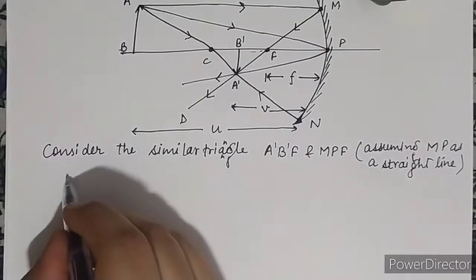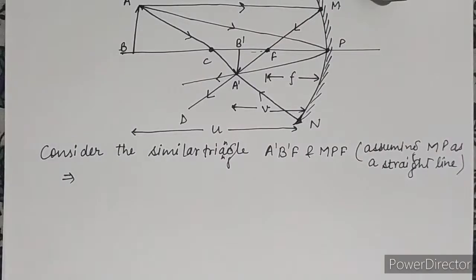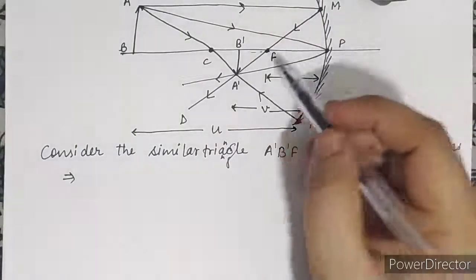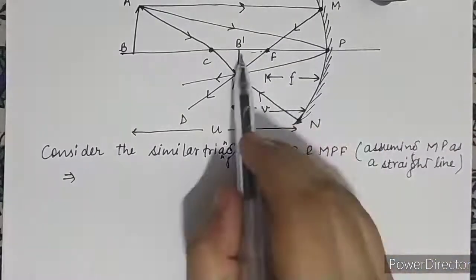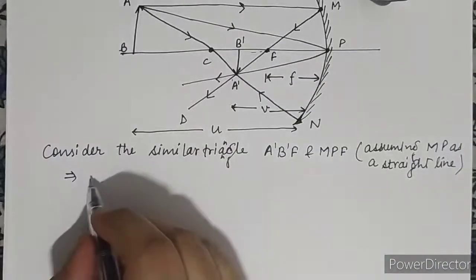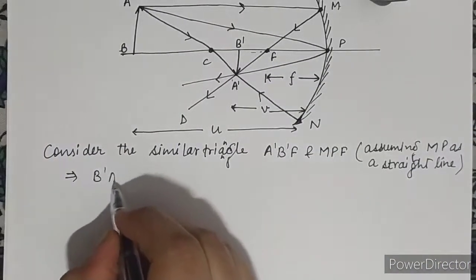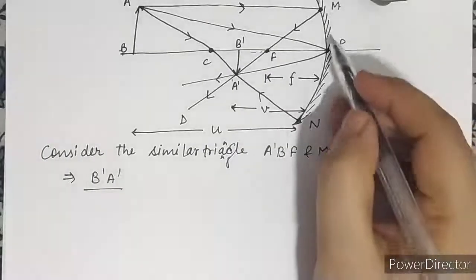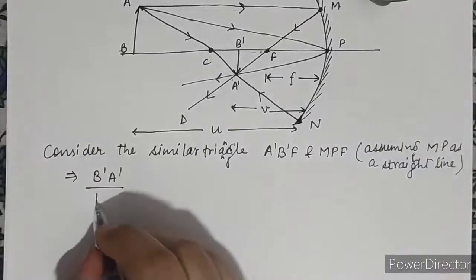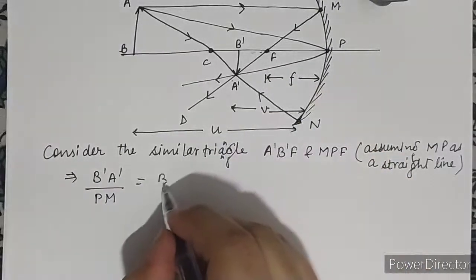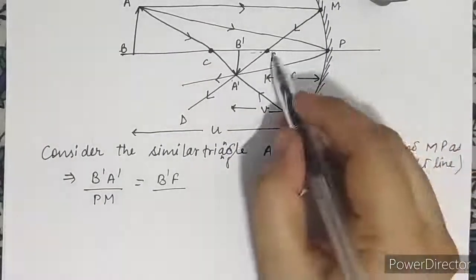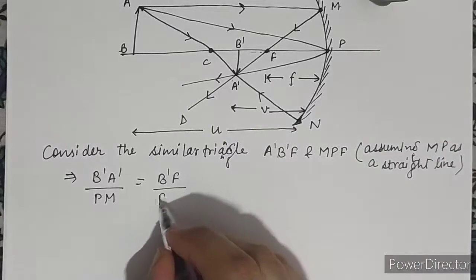When the triangles are similar, we take the ratios of corresponding sides. First the vertical ratio, then the horizontal ratio. Vertical is B dash A dash, and in this triangle the vertical is PM, and the horizontal ones are B dash F and FP.